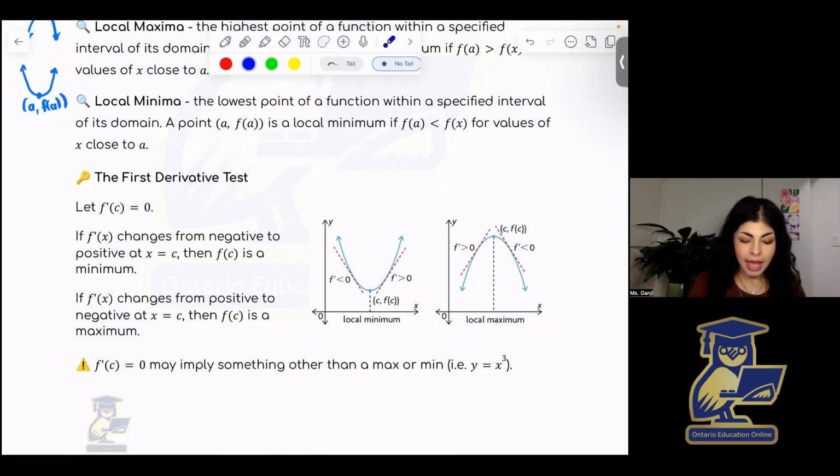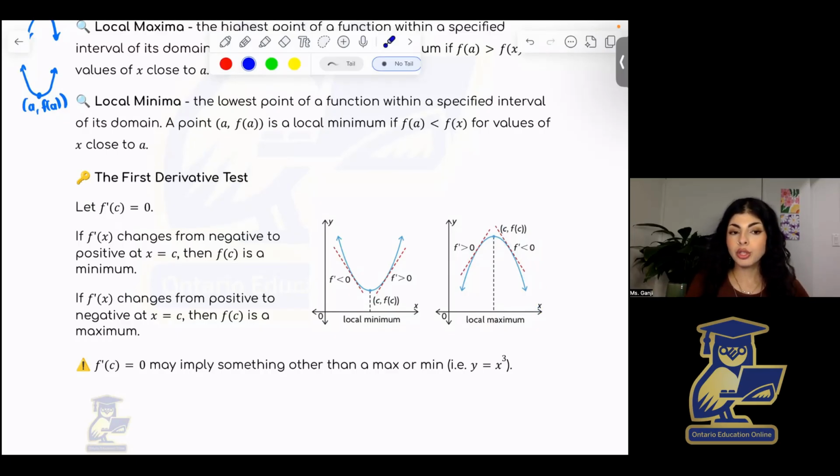And if the slopes of the tangents are positive, and then they suddenly become negative, at the point at which we have f prime of c equal to 0, then we say that this is a local maximum, and we can clearly see that from the graph here as well.